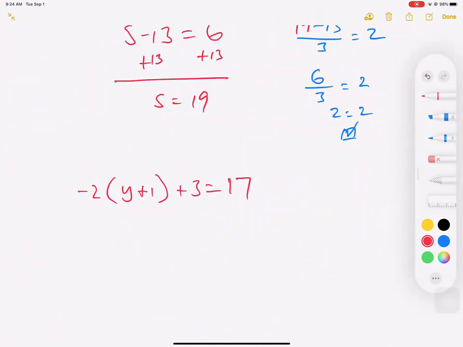So you guys told me to get rid of the 3 first, minus 3 to both sides. -2(y + 1) equals 17 minus 3, which is 14.